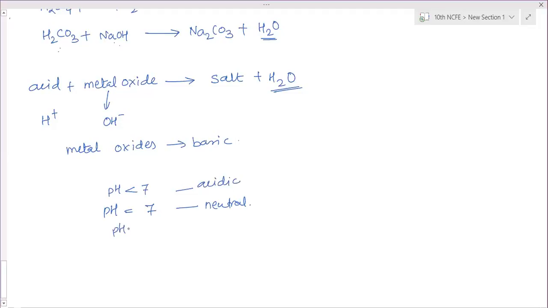And if pH is greater than 7, they are basic. After 7, as we go upward, the basicity increases. And below 7, as you go toward 0, the acidity increases.